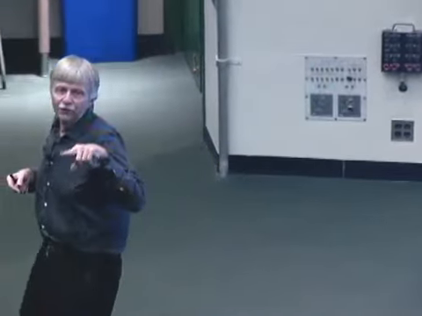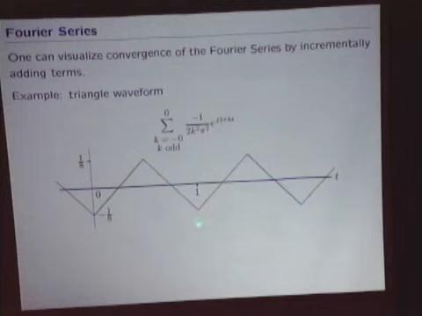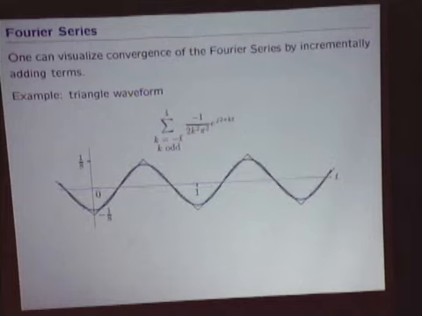One way we can think about it is to think about how the approximation gets better or fails to get better as we add terms. So this is the base function. This is the signal that we would like to represent harmonically. If we just think about the first non-zero term, the first non-zero term is the fundamental.